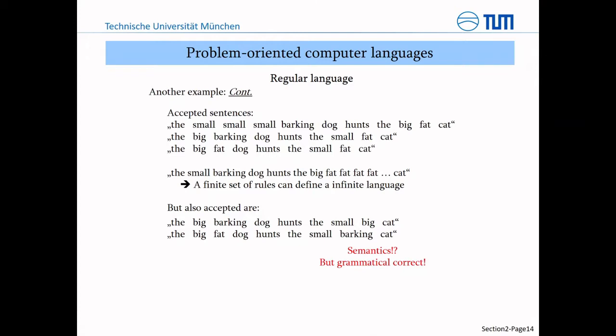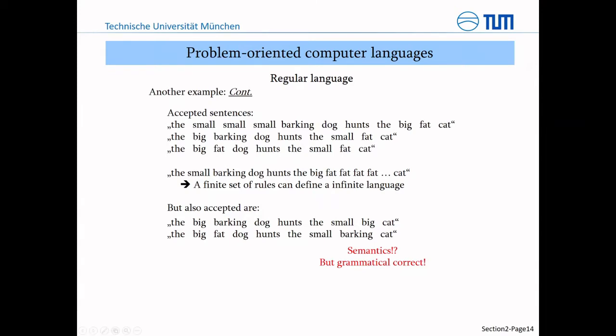And also accepted is the big fat dog hunts the small fat cat. So you have a lot of possibilities in this case, and it is also accepted that you use the following sentence: the big barking dog hunts the small big cat, or the big fat dog hunts the small barking cat.